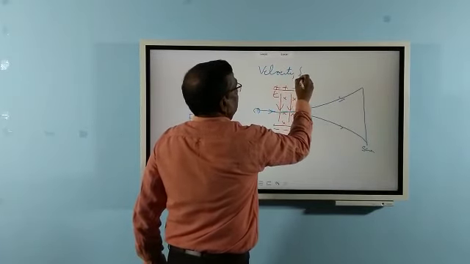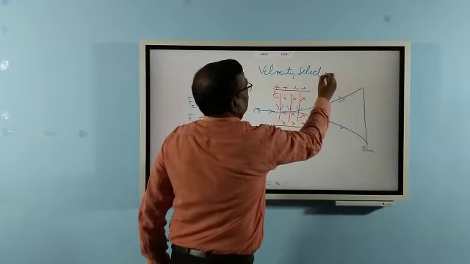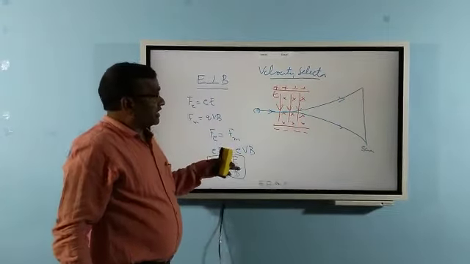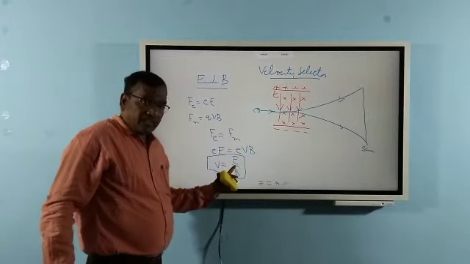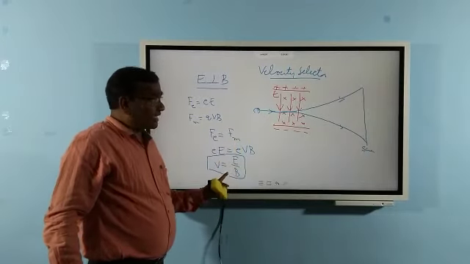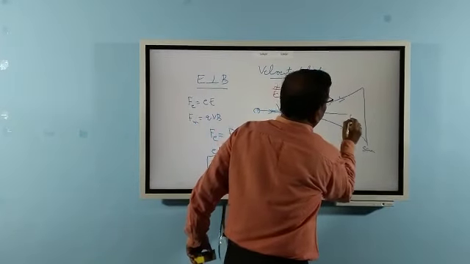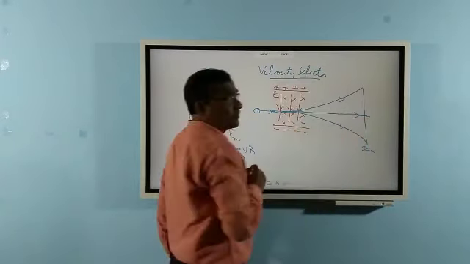Whatever velocity we want for the charged particle, we can set by applying both electric and magnetic fields, so that the charged particle will not deflect any more, it will go in a straight line.